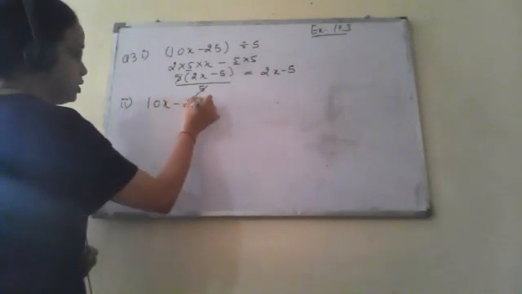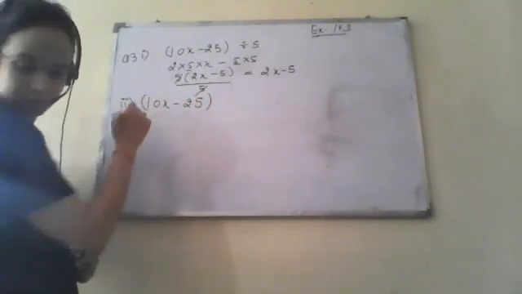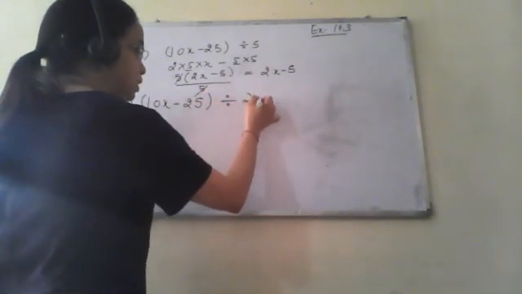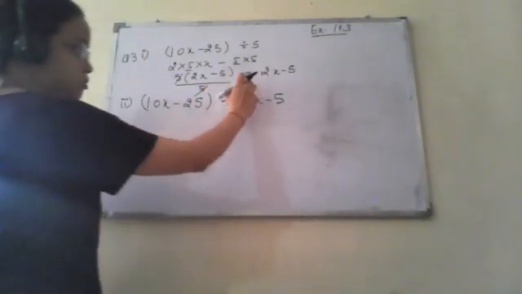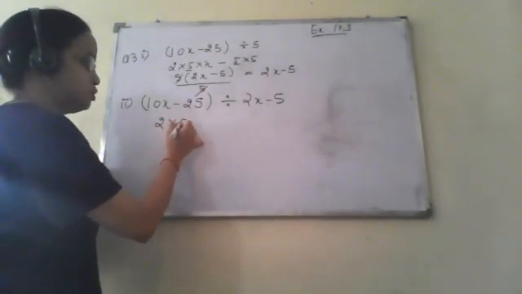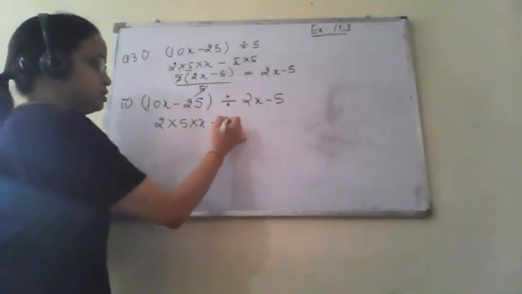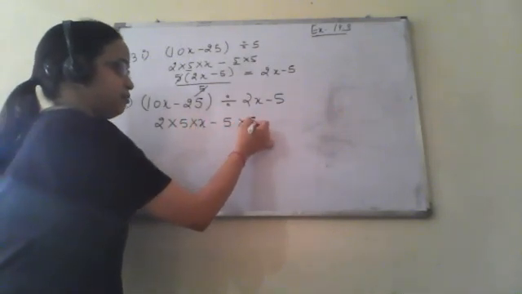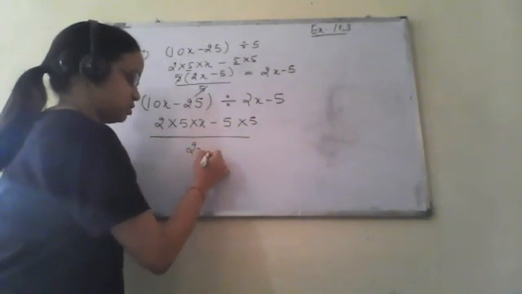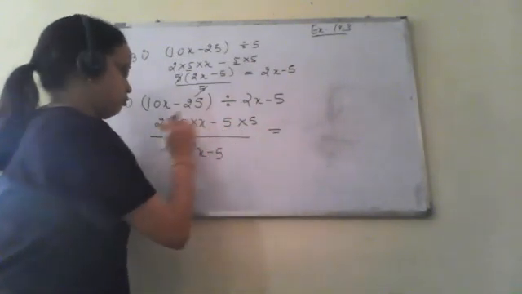Now the second part is 10x minus 25 divided by 2x minus 5. It is almost similar to this. So this 10 again can be written as 2 into 5 into x. This is 5 into 5. That has to be divided by 2x minus 5. Now 5 is common.